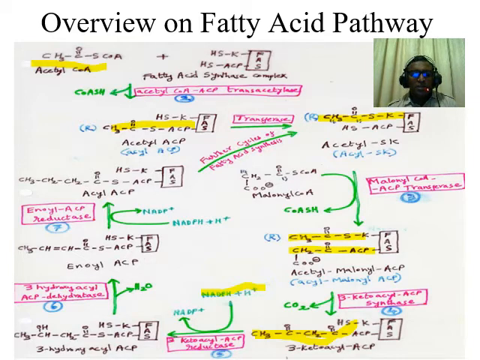A reduction will take place here, followed by dehydration causing the formation of a double bond, and again another NADPH will cause the reduction to finally form what looks like a fatty acid, that is acyl ACP.